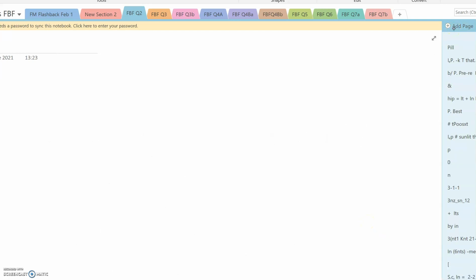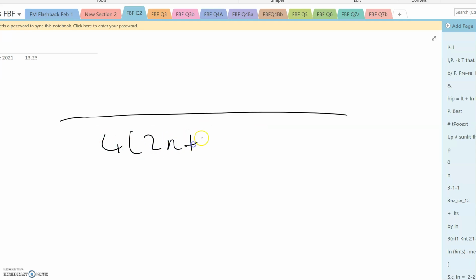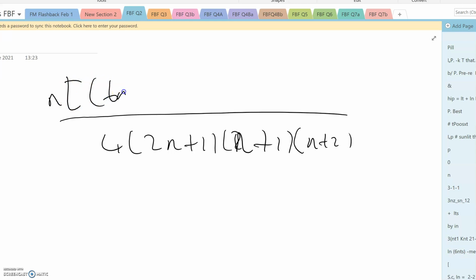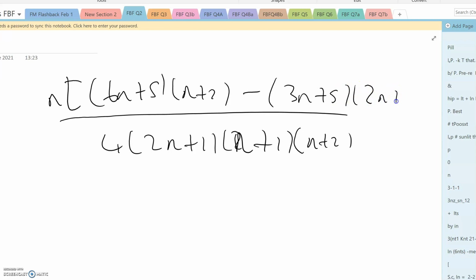And on the next page, still the same denominator. We get n brackets 6n plus 5, n plus 2, then minus 3n plus 5, 2n plus 1.